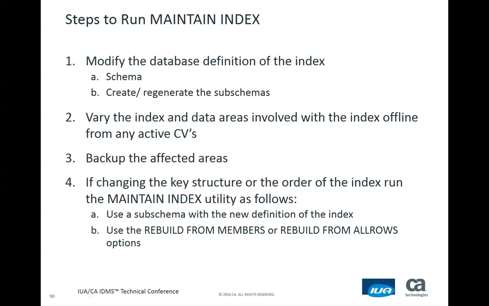What this is going to do is process this database by looking at all of the data records that are part of that index or indexed by that definition. And when it does the from members or from all rows, it will go out and extract the key information from the actual data records themselves.